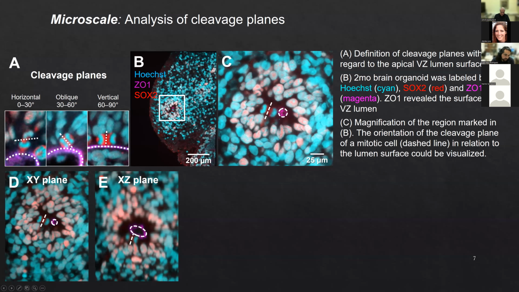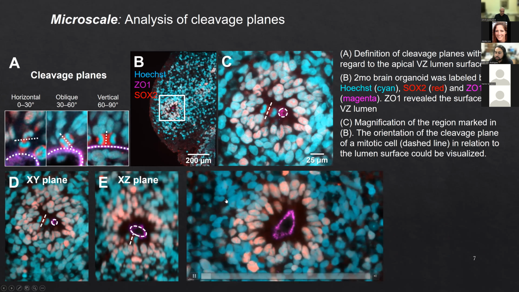That's why in D and E, I'm showing you exactly the same cleavage plane, but from different angles. The first one is XY, and then if we rotate the sample and look from the XZ plane, in one we have a horizontal plane and in the other an oblique one.